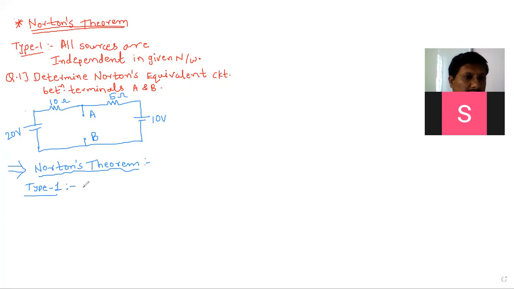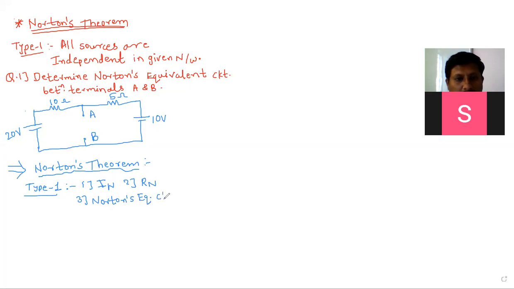For type 1, first we have to find IN, second we have to find RN, and third we have to draw Norton's equivalent circuit.